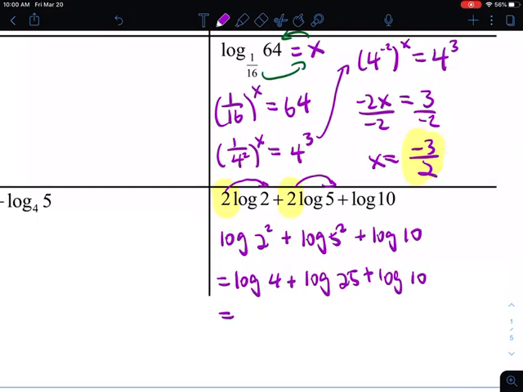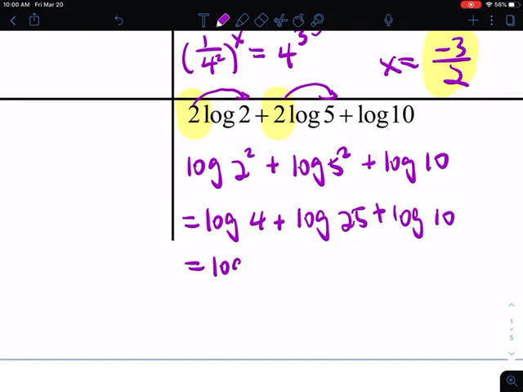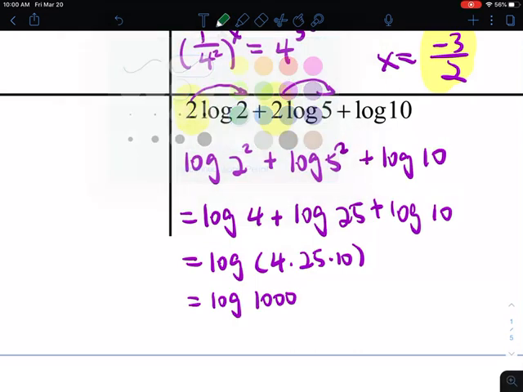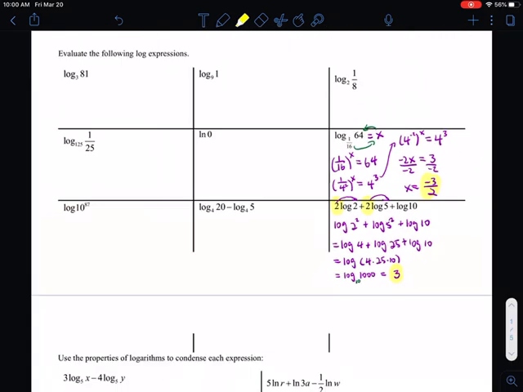And then plus log of 10. Then the product rule tells us that we can multiply all of these together. So I can do 4 times 25 times 10, which is log of 1,000. Again, since there's no base written, it's implied as base 10. And then what's log base 10 of 1,000? You can think of it as 10 to the what power is 1,000, and that's the third power.